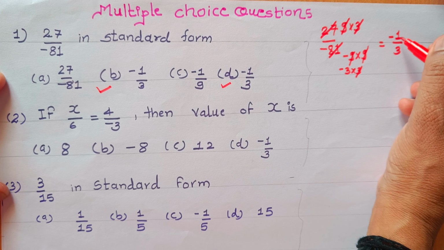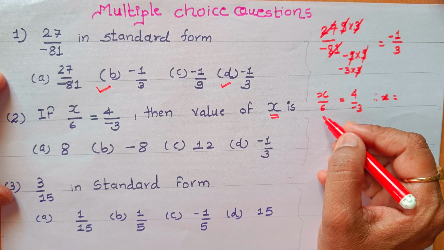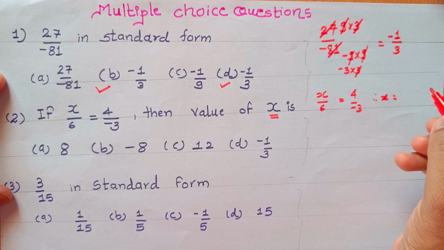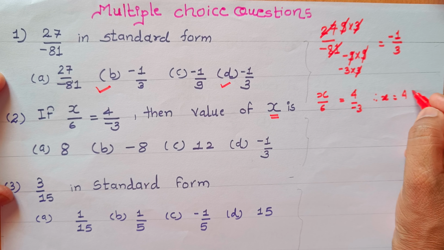Now in the second MCQ, if x by 6 is equal to 4 divided by minus 3, then what is the value of x? Now we find the value of x. x by 6 is equal to 4 by minus 3. Therefore, x is equal to, here the 6 is division, so we change the side, so it goes in multiplication.